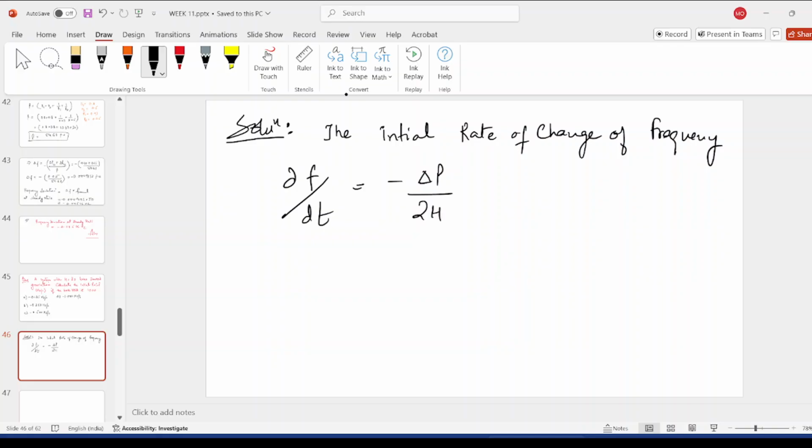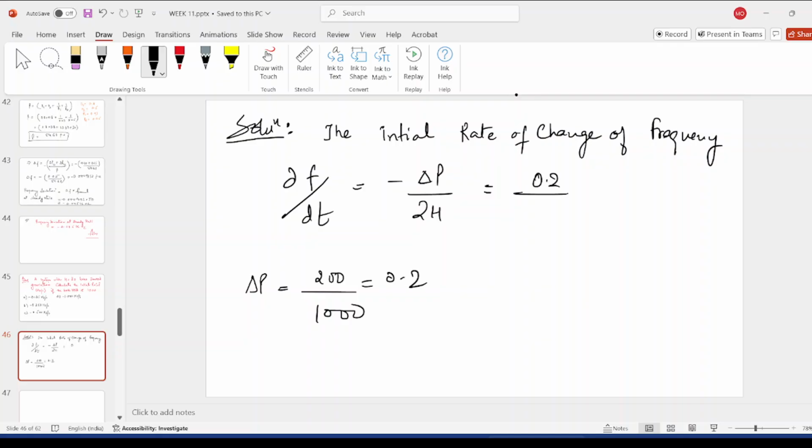It is from the formula which we have derived early on, in the last lecture. So basically from here we are going to take this. So what is del P? Del P in per unit is 200 divided by 1000, so it comes out to be 0.2.